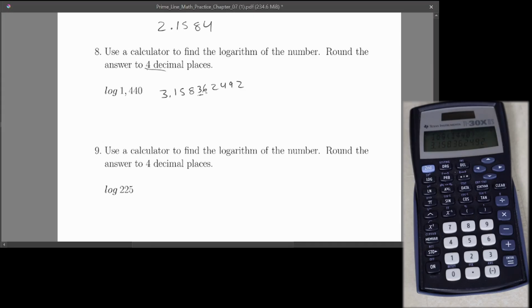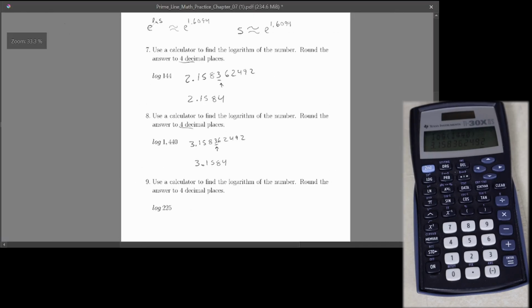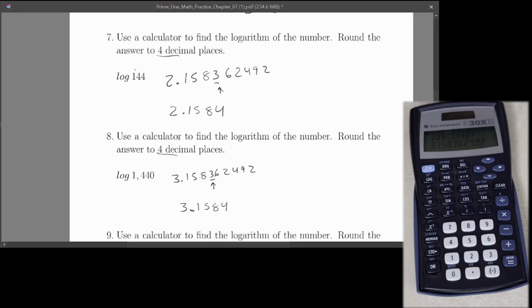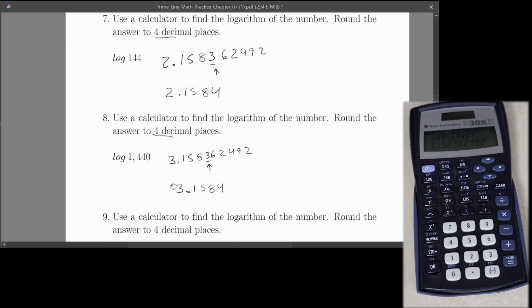So looking here, we go up and we get 3.1584. Notice the difference between this and the last value. We are 10 times bigger for our value inside of the log, and when we evaluate it, we're one whole unit bigger.